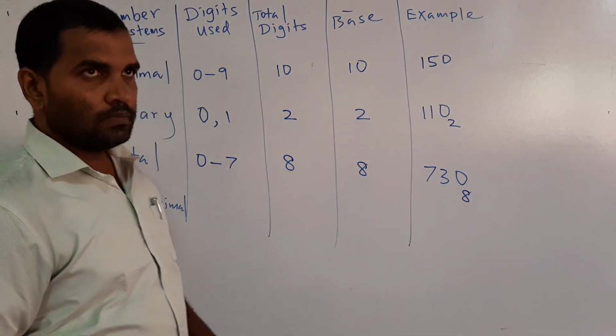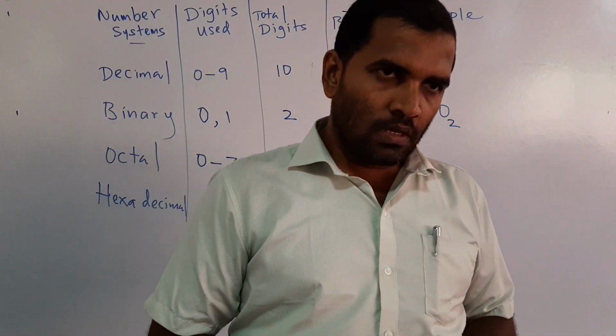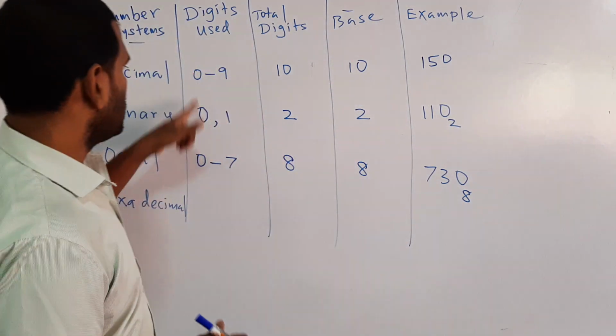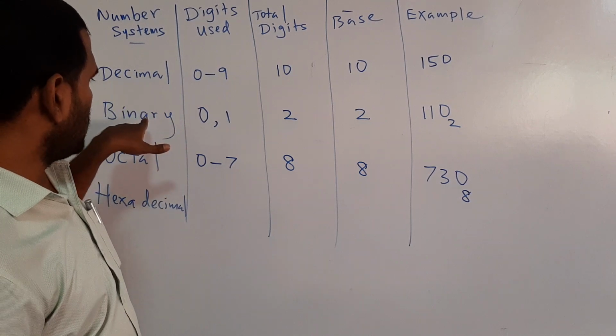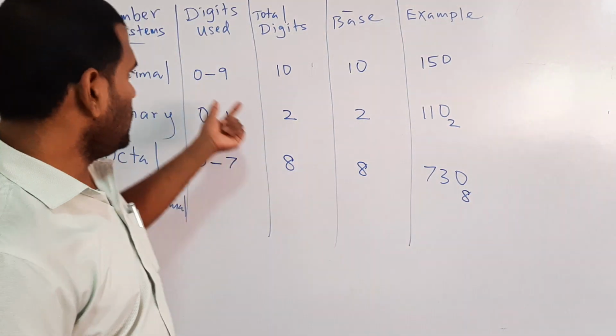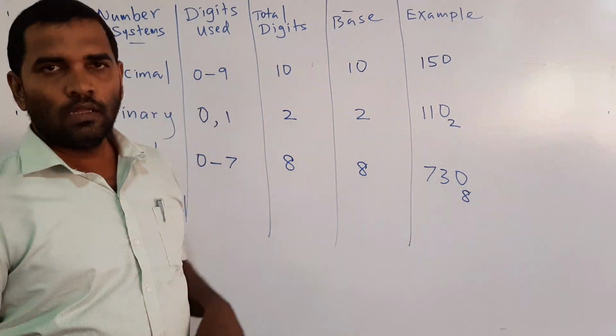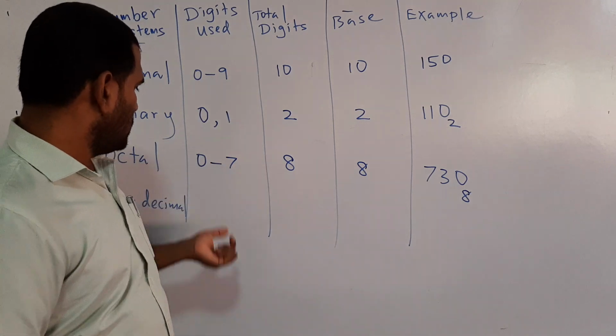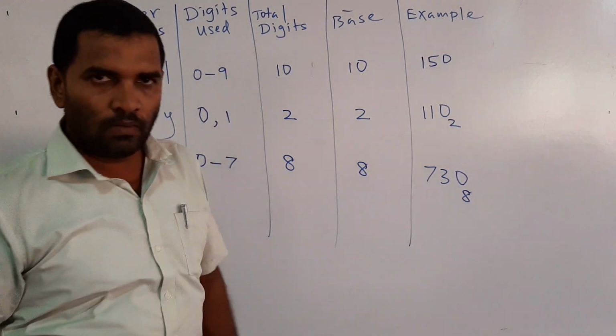Finally, hexadecimal. Hexadecimal number system is something different from the previous 3. In decimal, binary and octal, we use only numbers as digits, 0 to 9, 0 and 1, 0 to 7. And you can also find one pattern.